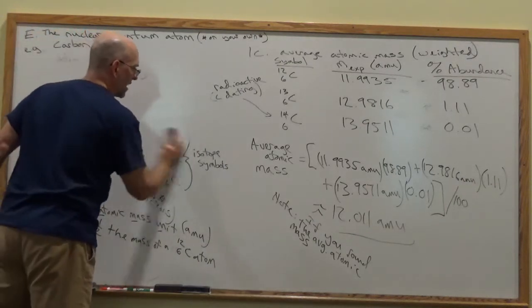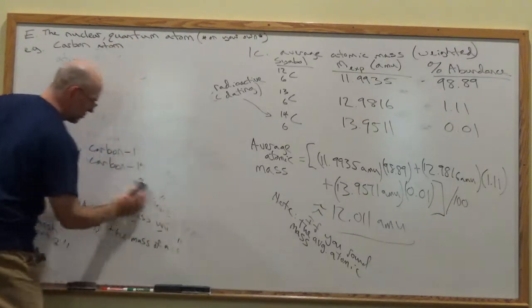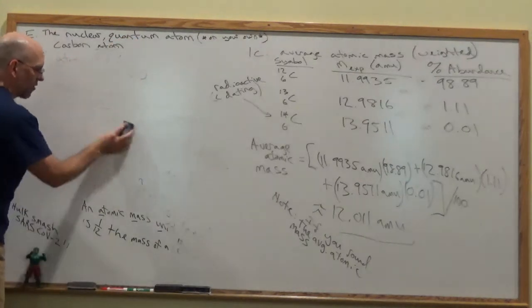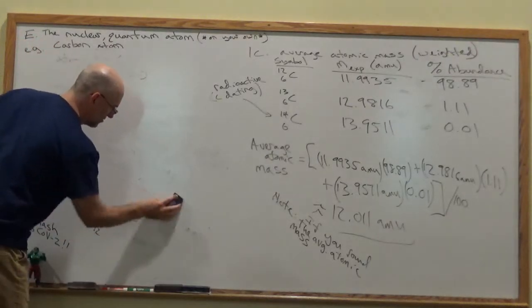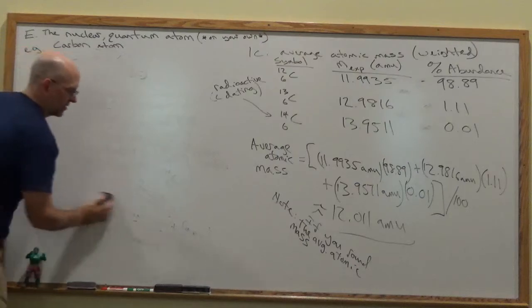Okay, so the last thing I want to do is, so we've done the nucleus. We haven't really talked about electrons other than how many there are, but where are they located? So I'm just going to do this. It's going to be a little sloppy, but oh no, I erased his message.